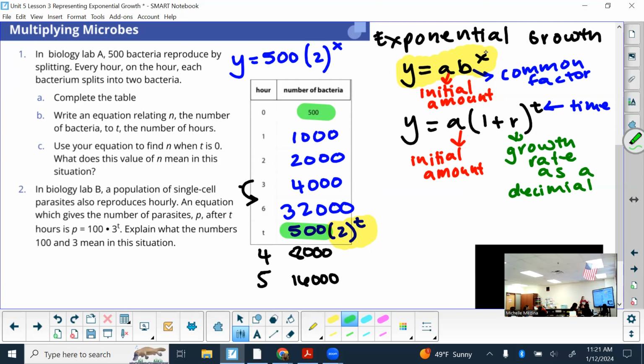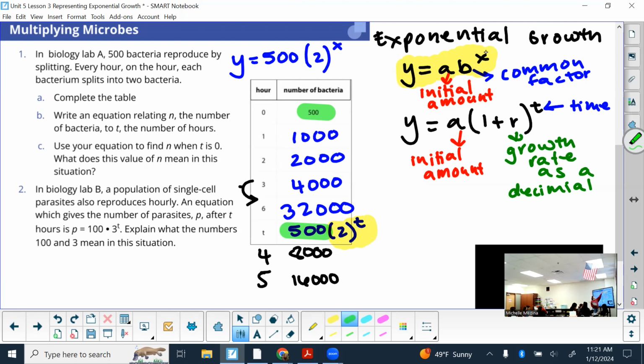All right, now you might be wondering why I also showed you another equation, and that's because this one will help you a bit more, I think, with your homework. It's y equals a, parentheses, 1 plus r, close the parentheses, to the t power, where a is initial amount.